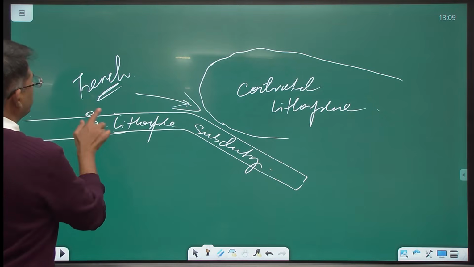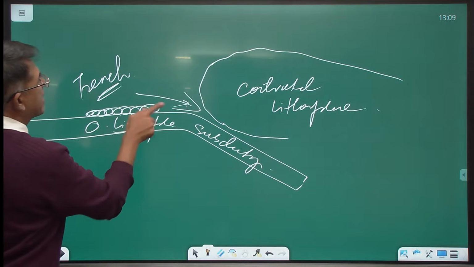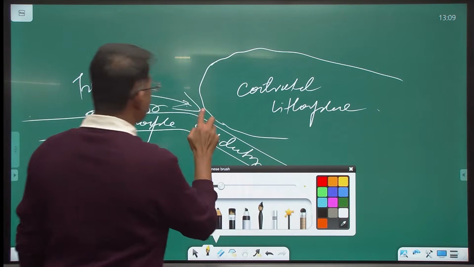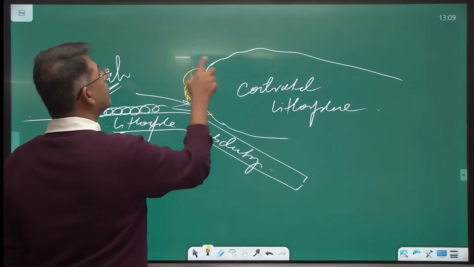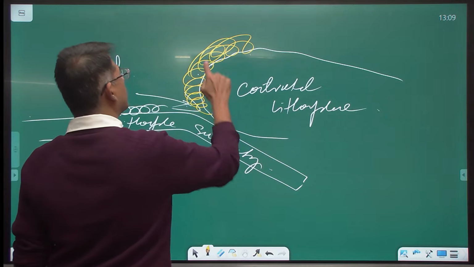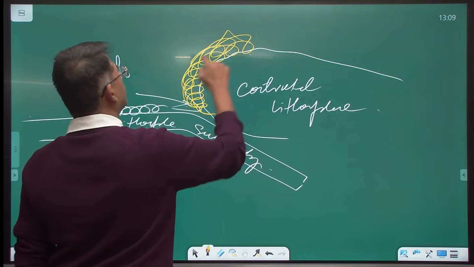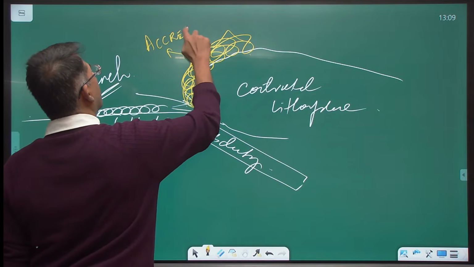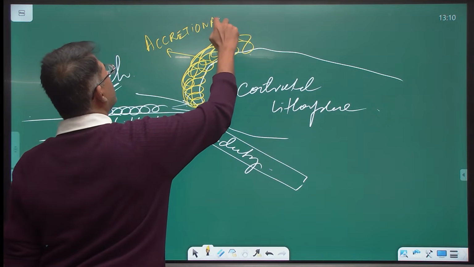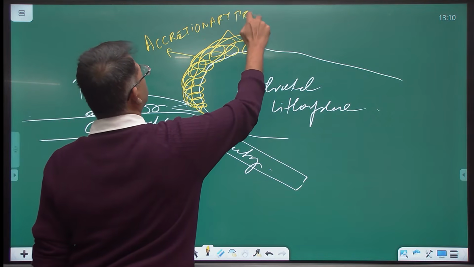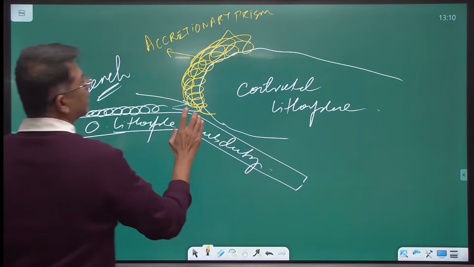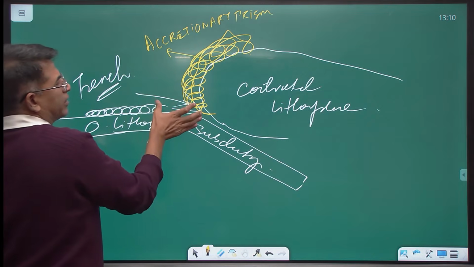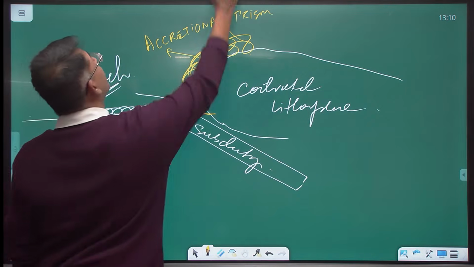Like we have sediments getting scraped and plastered here, like in oceans, the same will happen here. This also is an accretionary prism. The difference is it's much thicker, it's more in height, it's above the water now.